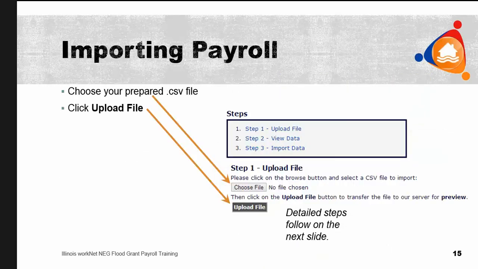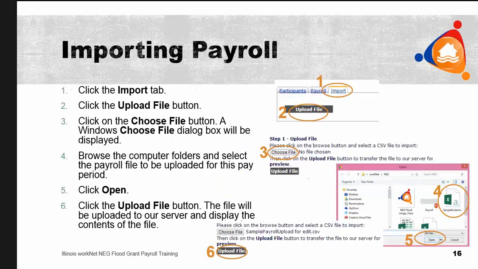When you are ready to import your payroll, you want to choose a file, and that file is your CSV file. Once you have selected the file, you will then upload the file. So these are the detailed steps for importing the payroll. You will go to the Import tab first. Then you will select the Upload file.